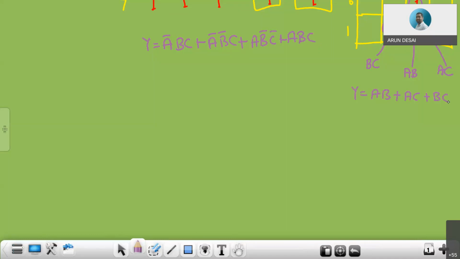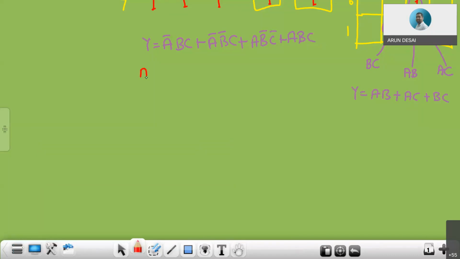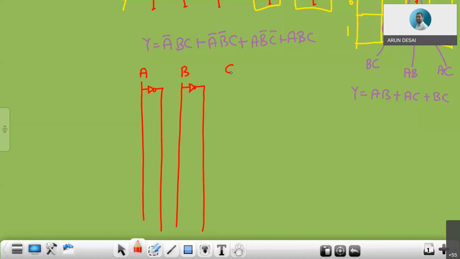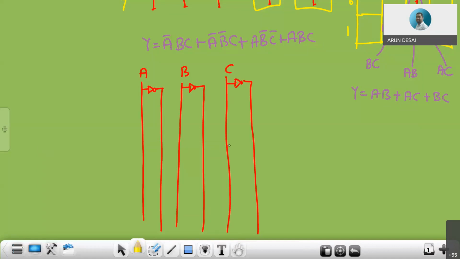Now we'll try this. This is my A complement, and this is my B complement. This is my C complement, right? Now, first is A complement B C, right?